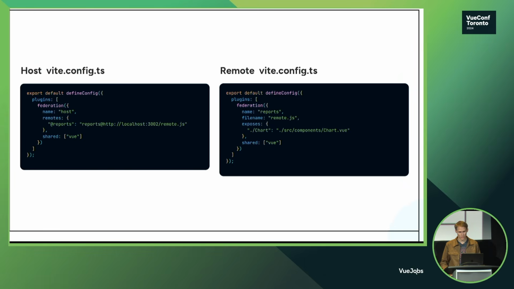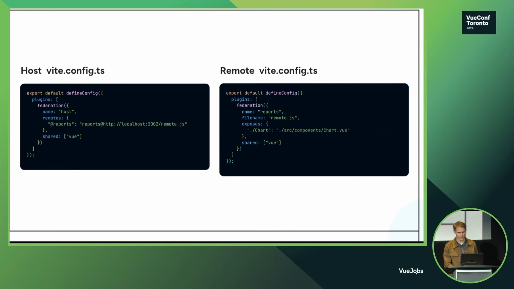Now, to set up module federation, where we have a host application that loads a remote application at runtime, we can use Vite. In just the last month or two, actually, module federation is fully supported by Vite, which is awesome. You don't need to use Webpack or any other tool. Here we have our host application's Vite config on my right, your left. And here it defines what remote applications it's going to make available at runtime.